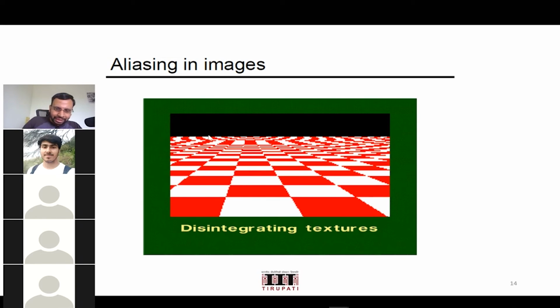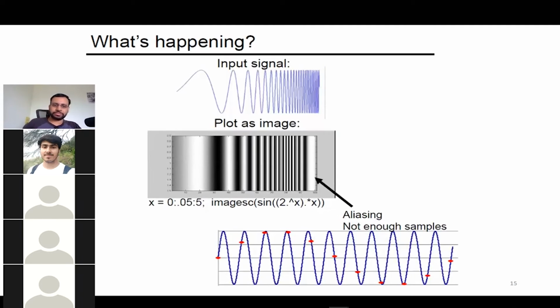With the number of samples being less, they no longer look like squares, and you get the effects you used to see in the titles of old movies, with all the fancy effects. So the problem is not having enough samples in the spatial domain.